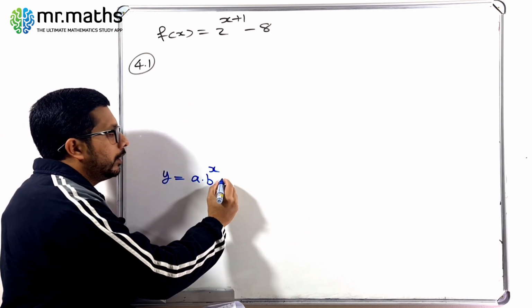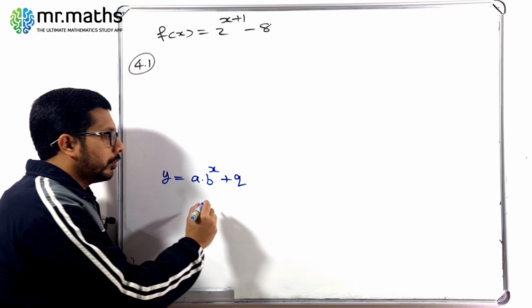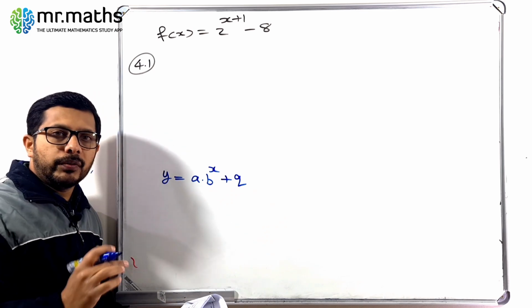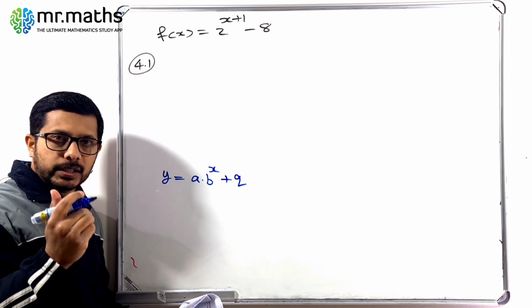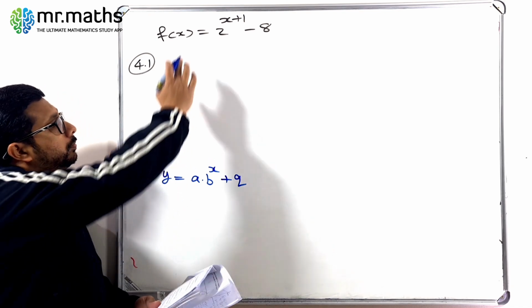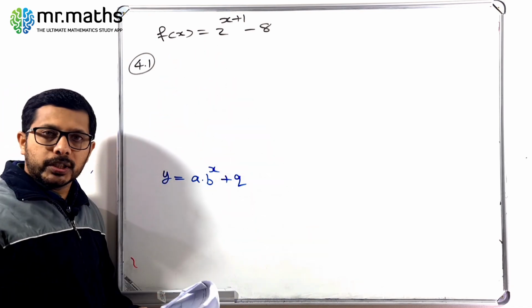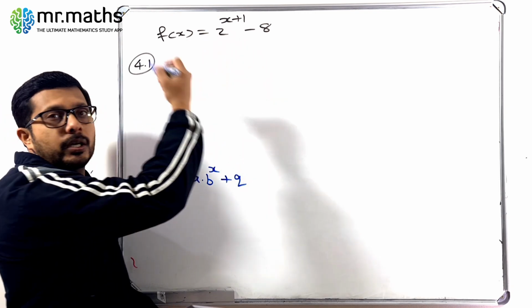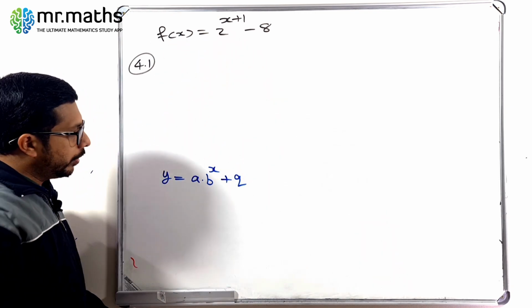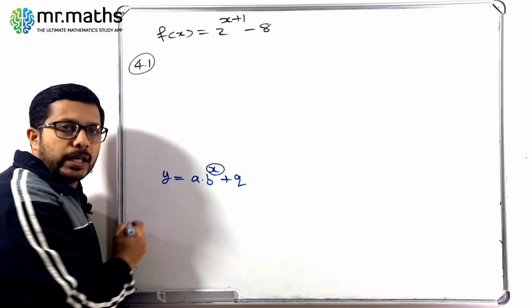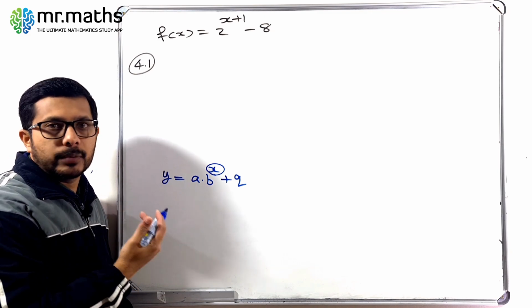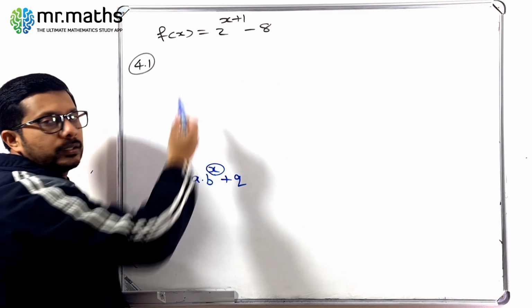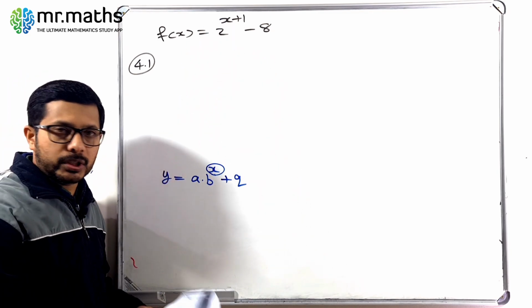If the variable is coming as a power, then it is an exponential function. So the given one is an exponential function, because here you can see that the variable x is as a power.